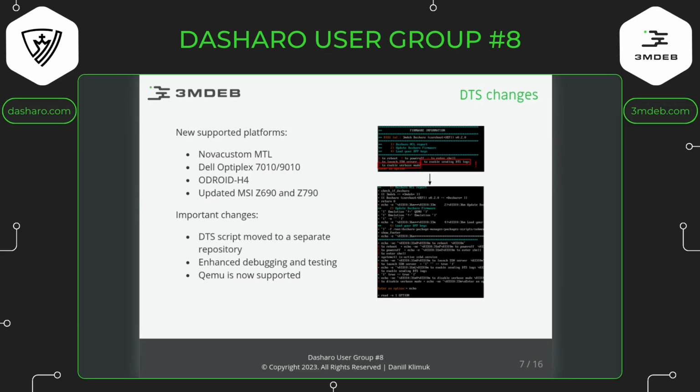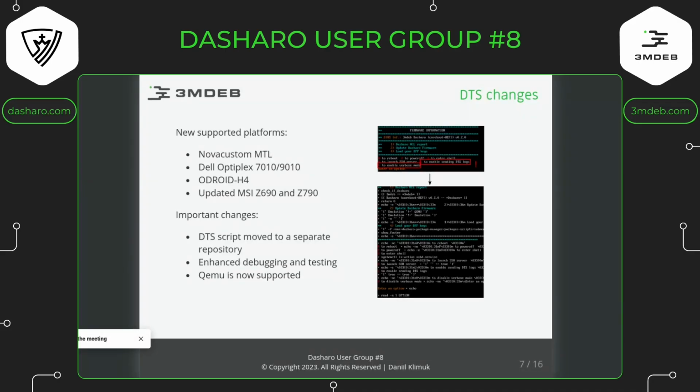Then, of course, enhanced debugging, as I said. On the right side of the slide, you can see an example of this enhanced debugging in the new DTS. It really helps us to debug problems while developing. And we would like to ask users to use this option when they meet any issues and problems with DTS, and to send us logs.